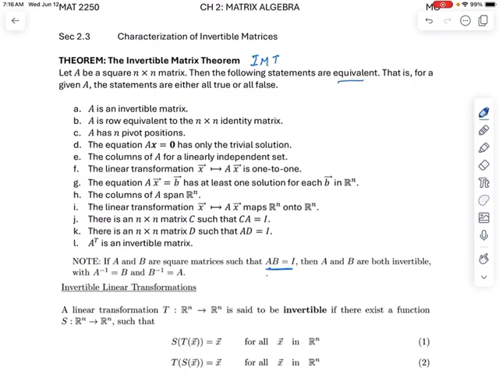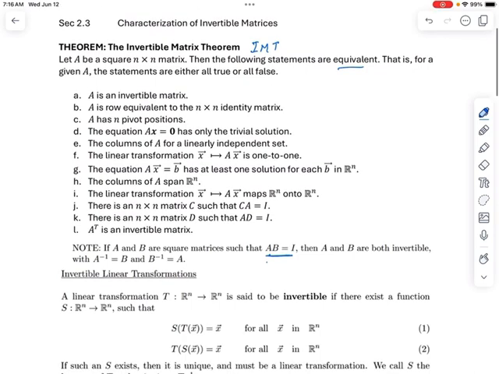What do we mean by invertible linear transforms? We saw what linear transforms are. They are functions which satisfy this property: if T is a transform, then T of x plus y will be equal to T of x plus T of y. That is one condition.